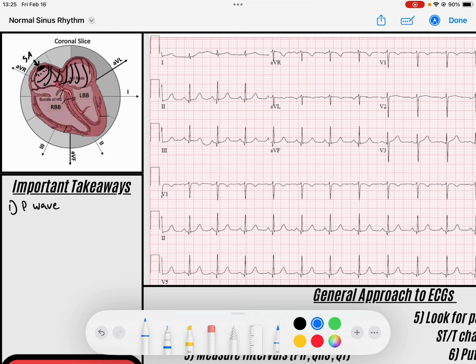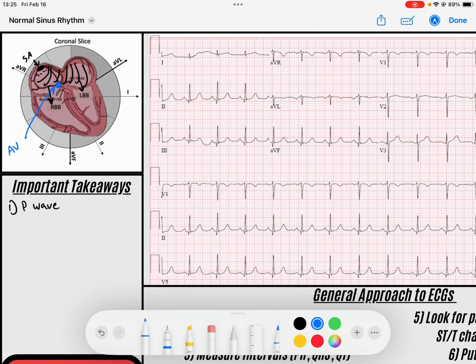The next step of cardiac conduction occurs when that wave of depolarization reaches my AV node. And we know that the AV node delays that signal. And why does the AV node delay the signal? Well, whenever the atria depolarize, they squeeze and they push blood from the atria down into the ventricles. And the ventricles need a split second to fill.